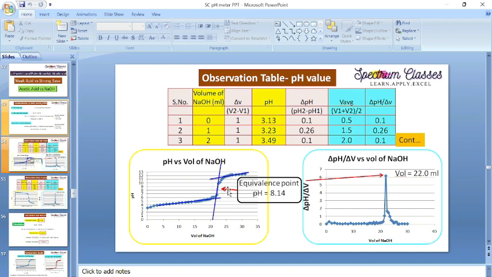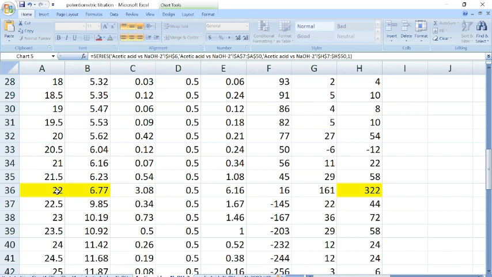Sodium acetate, the salt, is basic in nature, and therefore its equivalence point is more than 7, at 8.14. So this is called the equivalence point, right? The equivalence point is at 22.